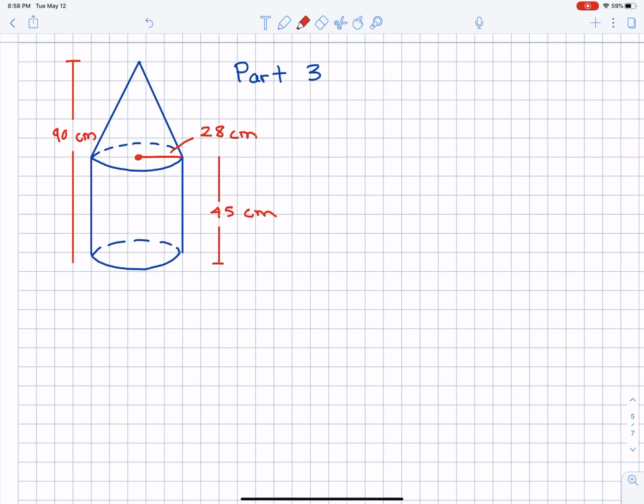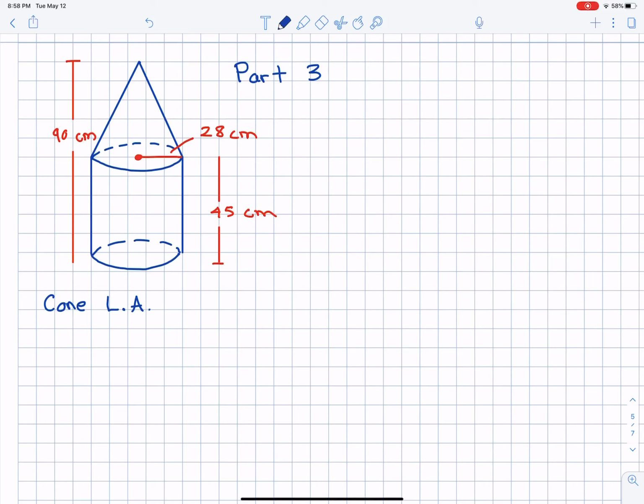So let's start with the cone. Remember, for the cone, we don't need the base. All we need is the lateral area. So I'm going to say cone LA, lateral area.